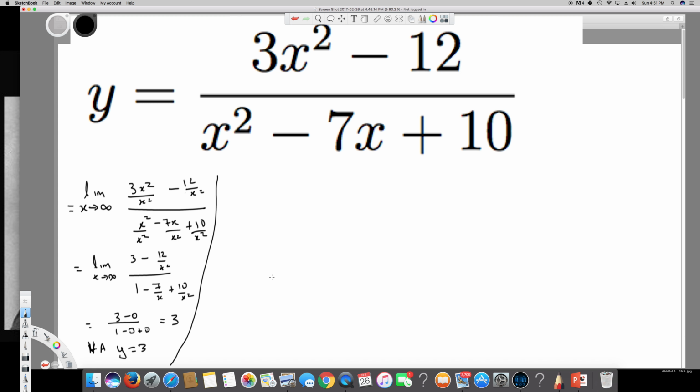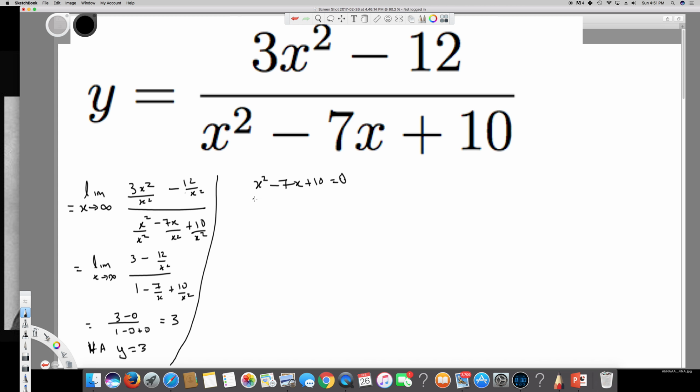Now I have to find the vertical asymptote. In order to find the vertical asymptote, I have to set the denominator equal to 0. So x square minus 7x plus 10 is equal to 0. Now I can factor this one. When I multiply, I have to get plus 10, and when I add, I have to get minus 7.